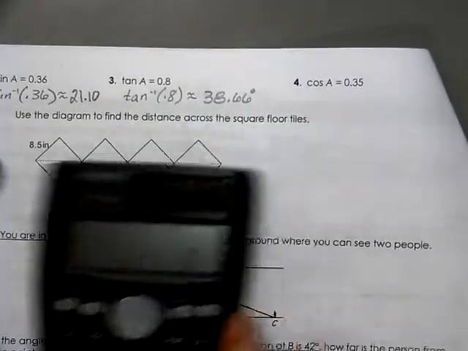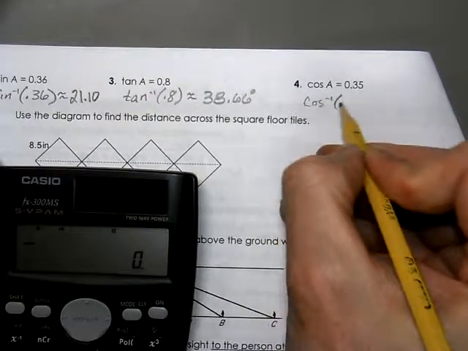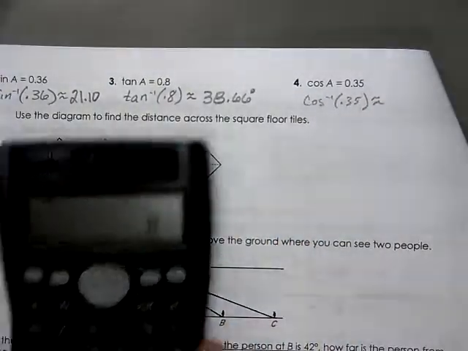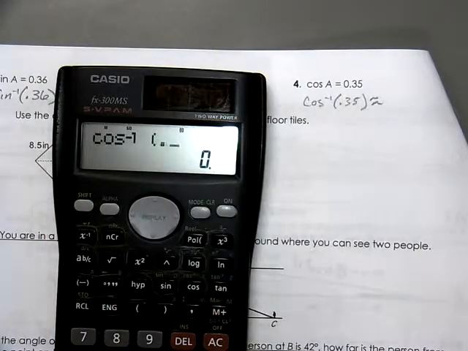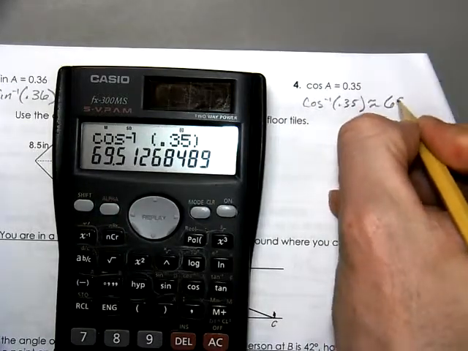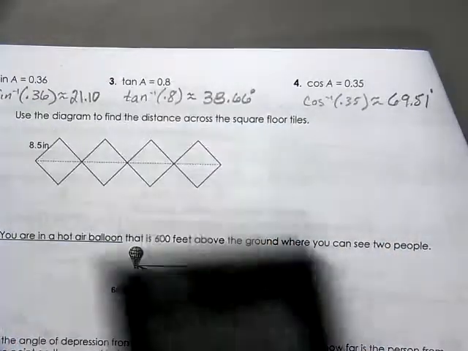And then also one that we've done on a separate day is the cosine inverse of 0.35. That's 69.51.